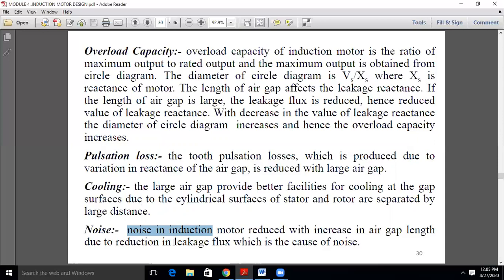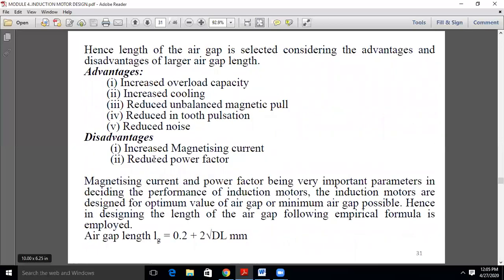So in this case, the leakage flux is reducing, which is causing the noise. So these are the parameters or criteria depending on which the length of the air gap is selected, considering the advantages and disadvantages of a larger air gap.